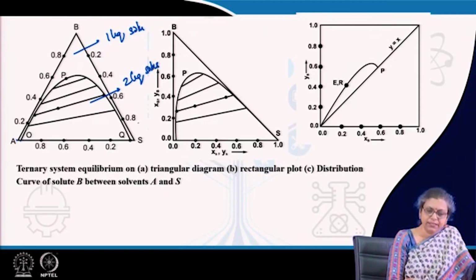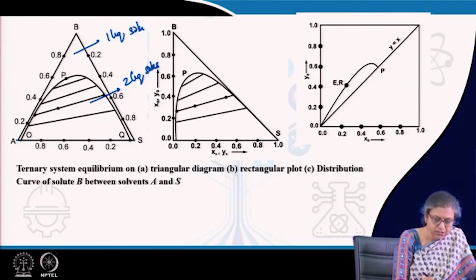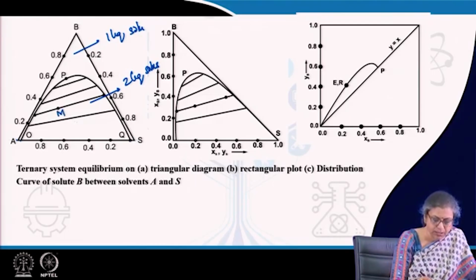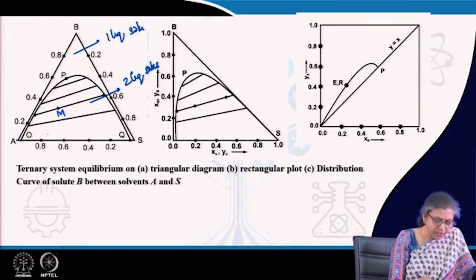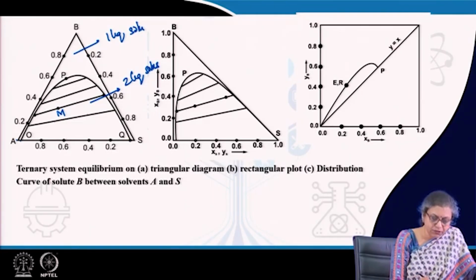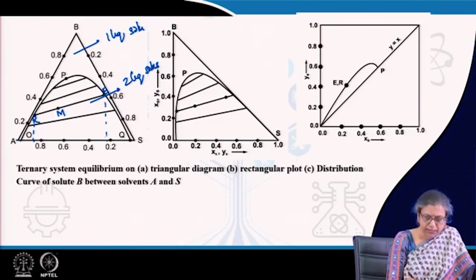So, that automatically tells you that if you want to perform liquid-liquid extraction, you need to perform within this particular dome. Suppose, for example, this was the composition of the AB solution, you have added S, and now suppose the composition is at M. So the overall composition of the ABS mixture is at M, which separates out into the raffinate phase composition corresponding to this and the extract phase with the proportion of S corresponding to this.